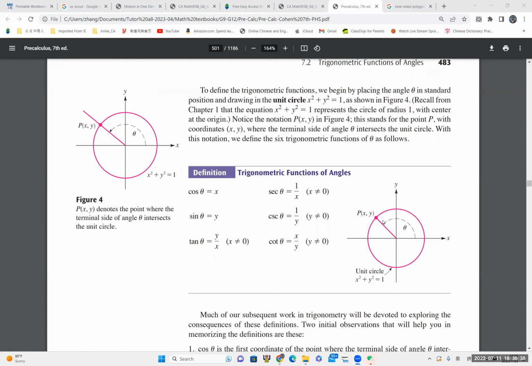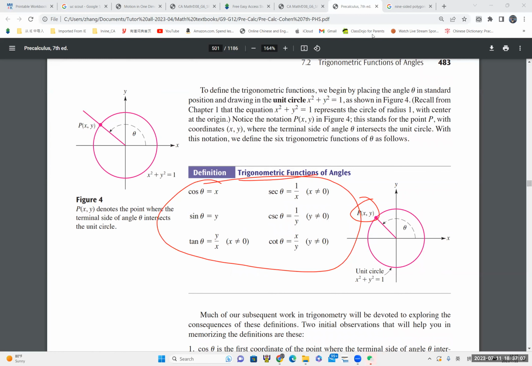In the unit circle, find the terminal point. Then its trigonometric function is defined as this. It matches with the definition from the right triangle.